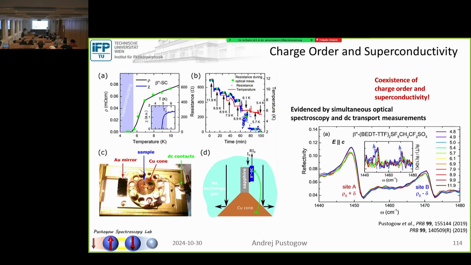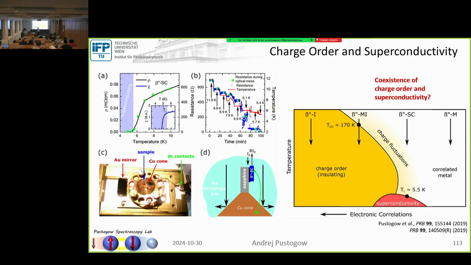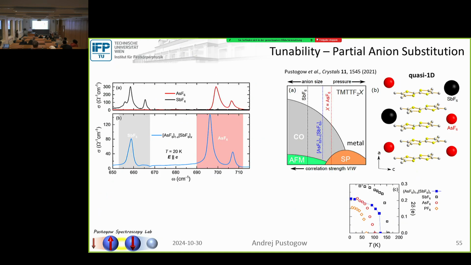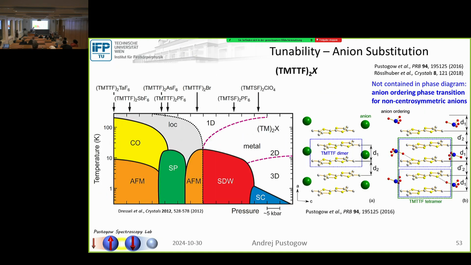You are referring to these quasi 1D systems, right? Yes, quasi 1D to quasi 2D, then eventually they become three-dimensional systems. Yes, I think it was somewhere here. In the case of these compounds, this is right.